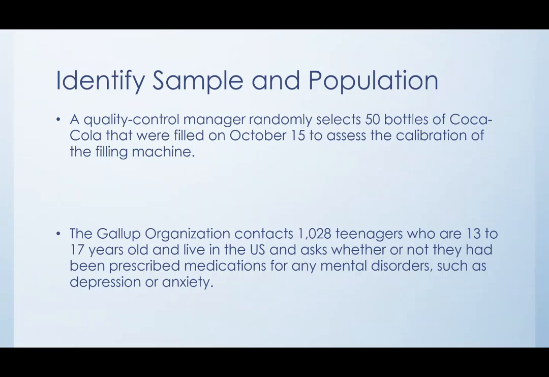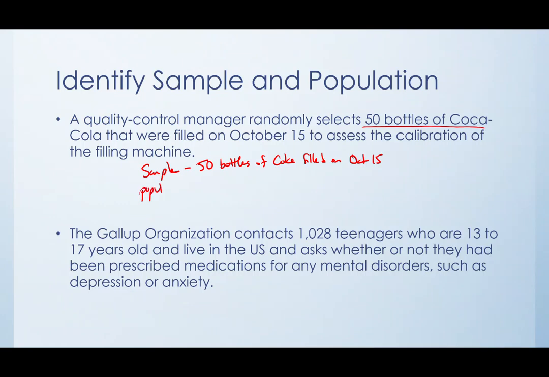And so here we can say our sample, we can tell what was selected, 50 bottles of Coca-Cola, right, that were filled on October 15th. And if you just said 50 bottles of Coca-Cola, that would be fine, right?